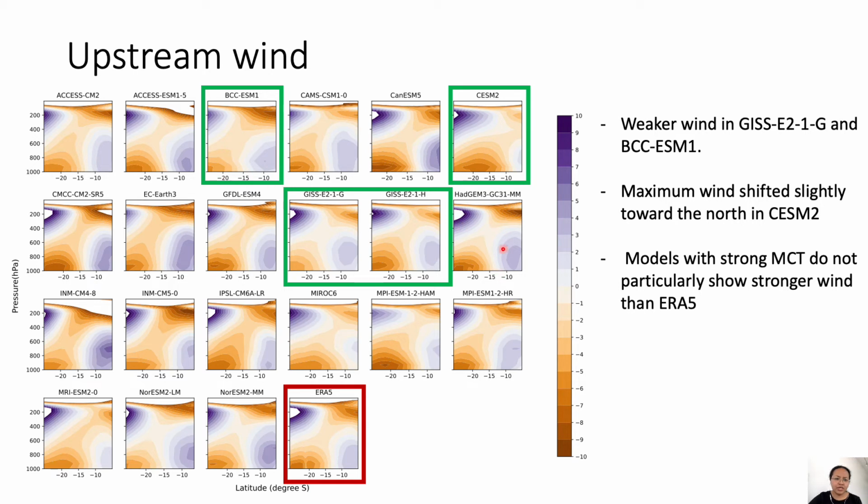There is actually weaker wind in the GISS 1G model, this one, and in the BCC, whereas the maximum wind is slightly shifted toward the north in the CESM model. For the models with strong MCT, they do not show particularly strong wind compared to ERA5.